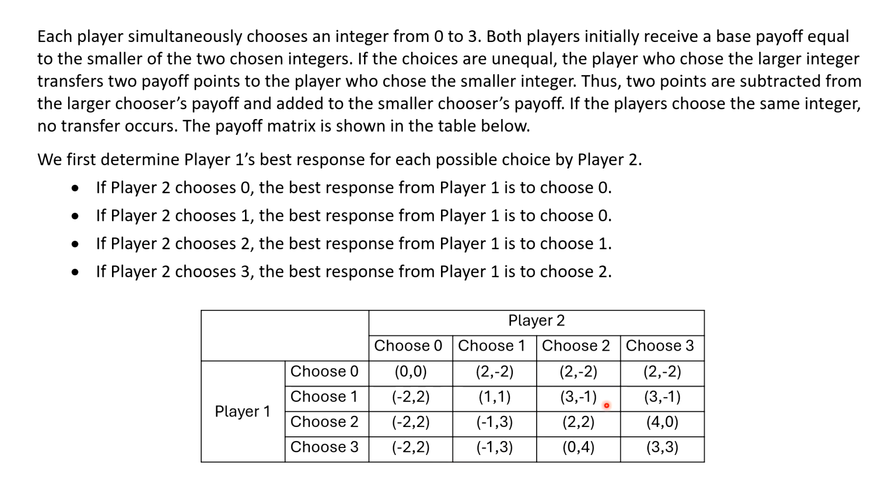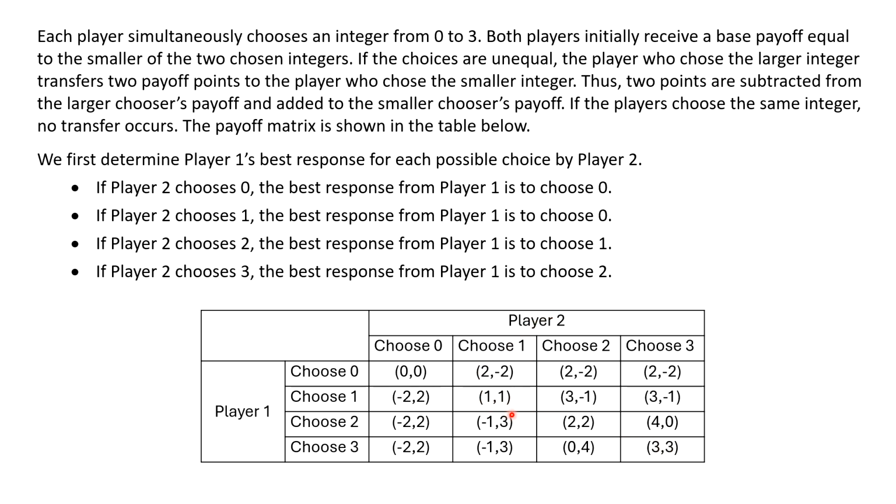Let's look at just maybe one more. So player 2 chooses 1 and player 1 chooses 0, then you have just the opposite of what we explained here. Since player 2 chose the larger number and the base payoff is 0, smaller of the 1 and 0, you have to subtract 2 from player 2 and give that to player 1.